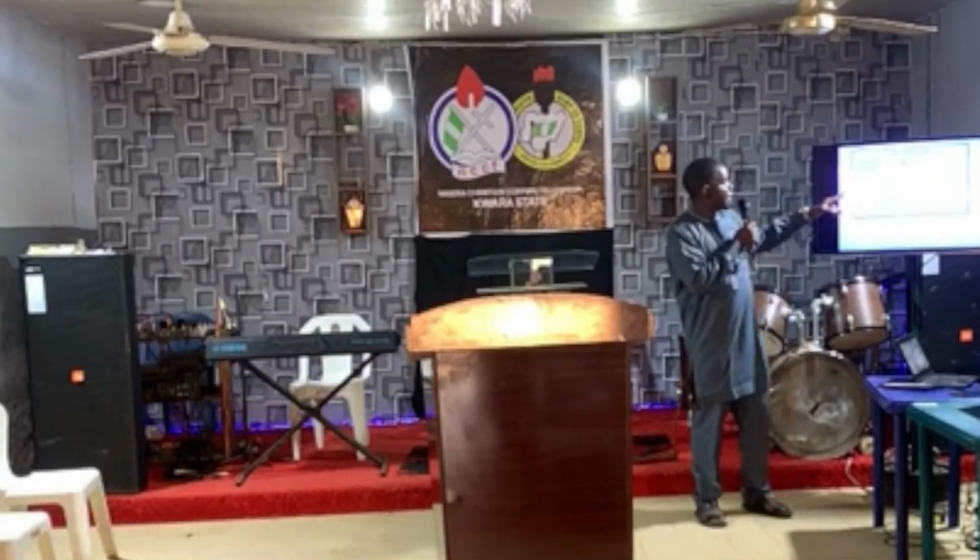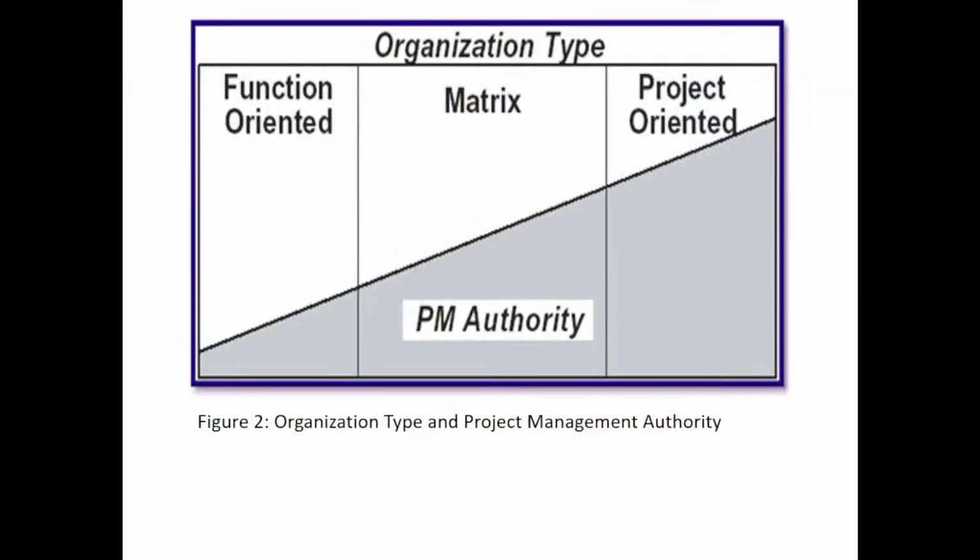So if you find yourself in a function-oriented organization, this is what happens. You have regional manager, general manager, production manager, human resource manager, quality assurance manager, cost manager, procurement manager, project manager. This is where you are. Your power is limited, so you are answerable to all these functional managers.